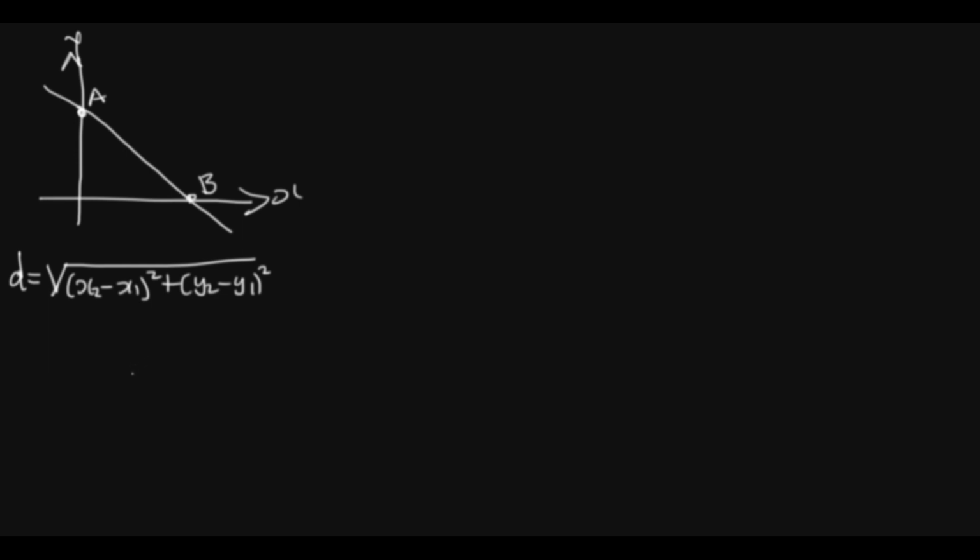Let's have the first example. Here we'll find the distance between P and R, where P has coordinates (-3, 3) and R has (9, -2).